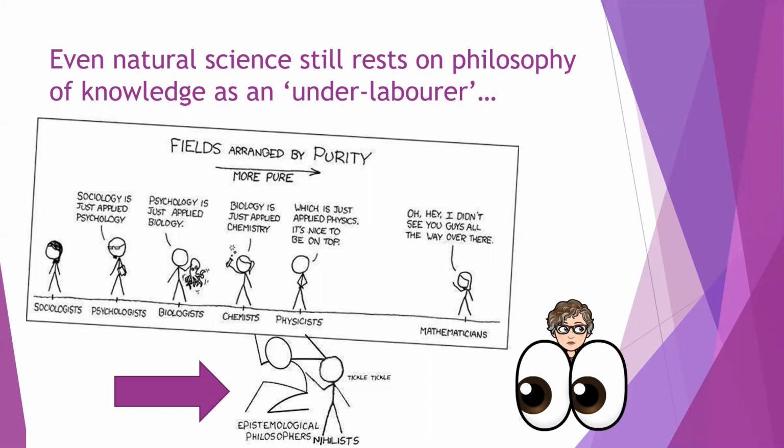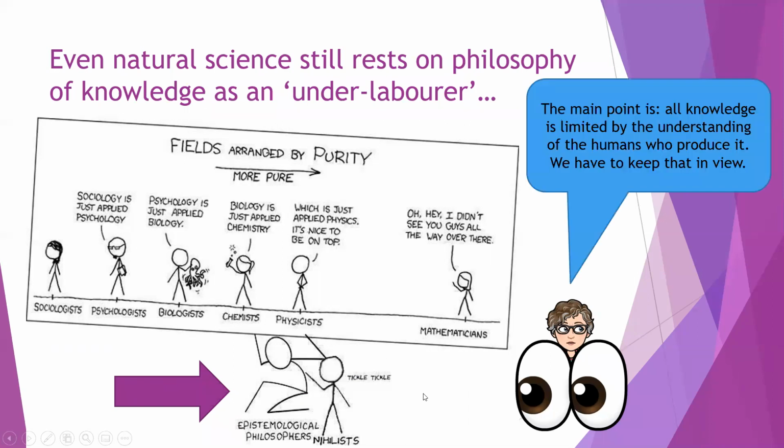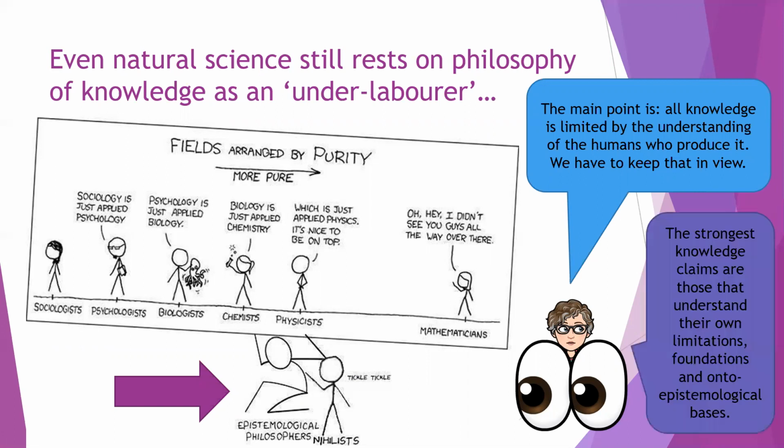How do we go about making knowledge? The point is that all knowledge is limited by the understanding of the humans who produced it, and we have to keep that in view. And I would argue that the strongest knowledge claims we can make are those that understand their own limitations, foundations, and their onto-epistemological bases.